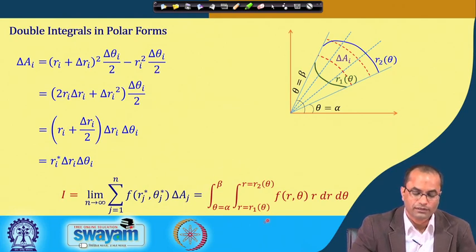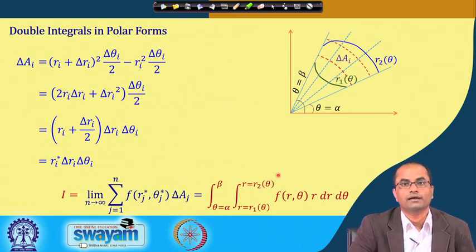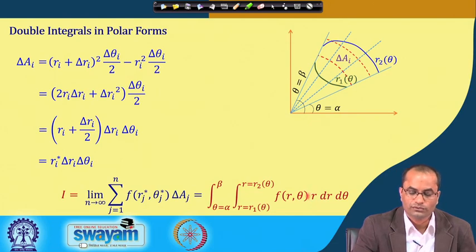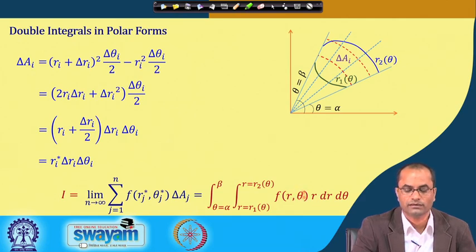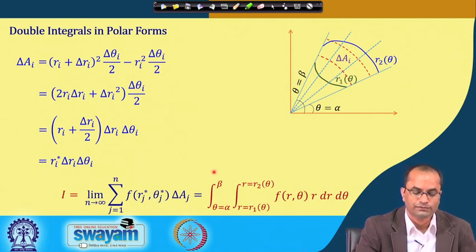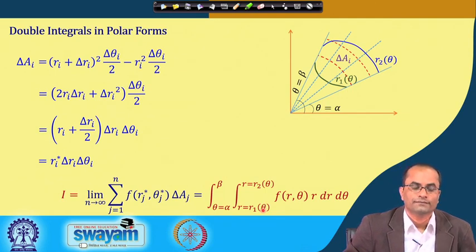So, these are the limits for r and theta, and what we should note is that this r factor has come as an extra in comparison to the Cartesian coordinates, where we used to have simply dx and dy. So, here also we have the function evaluated at the coordinate (r, theta), and there will be the additional factor r and then dr d theta, and to cover the region we have to consider these ranges for theta and r.